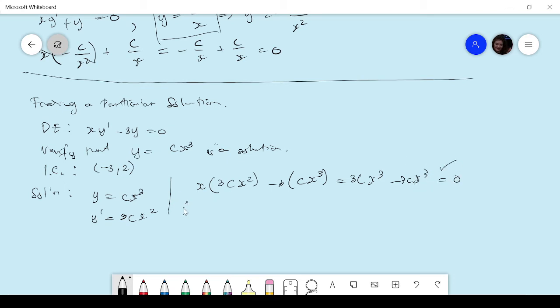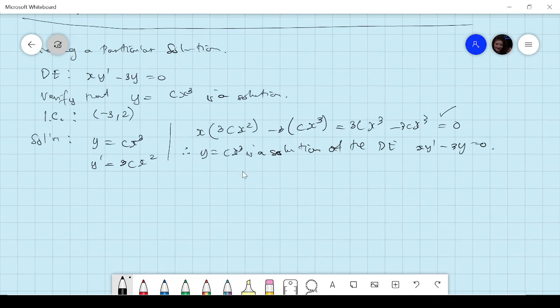Okay, so therefore y = cx^3 is a solution of the dE xy' - 3y = 0.